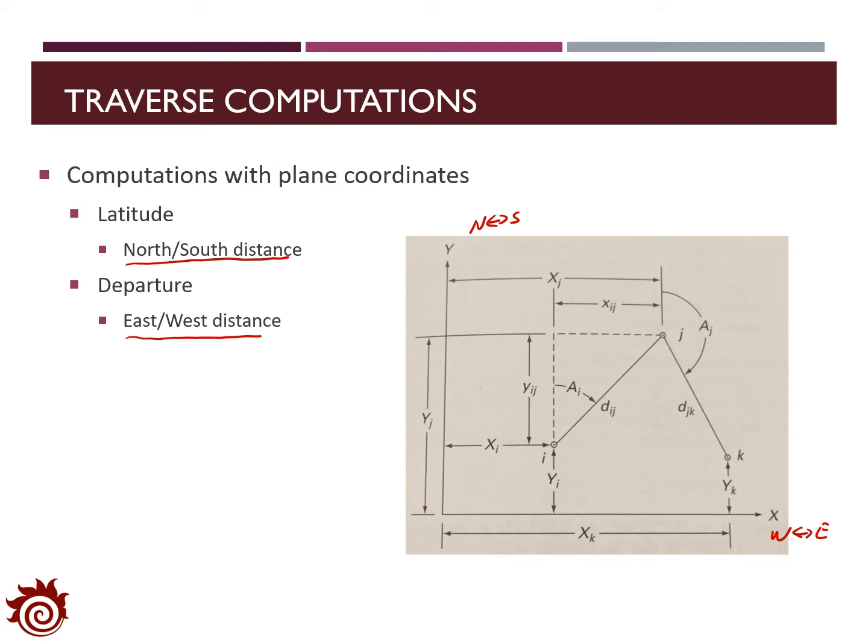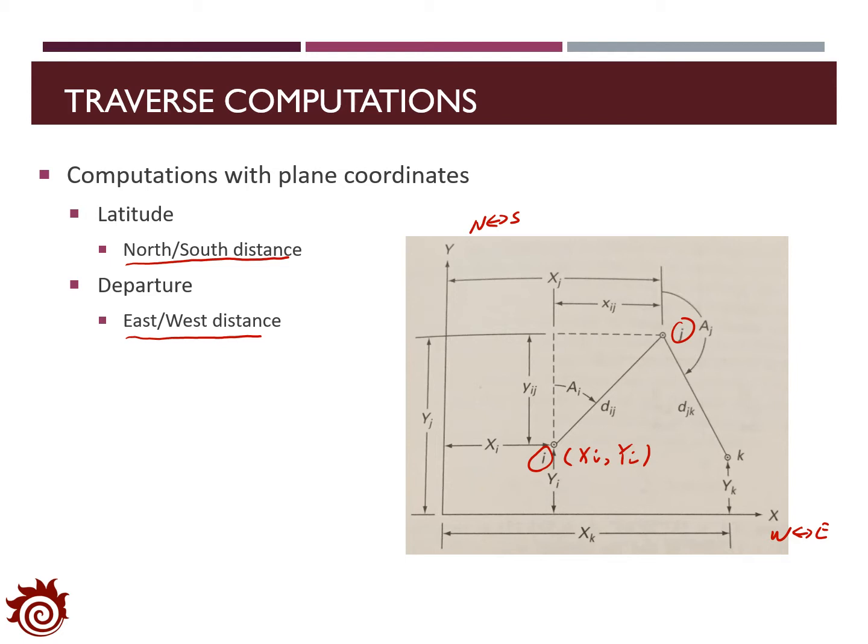But we can also define the latitude and the departure based on general plane coordinates. Assuming that we have the line from point I to J, and we know the coordinate for these 2 points. At point I is xi, yi.